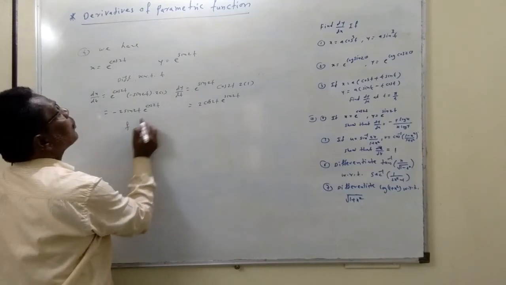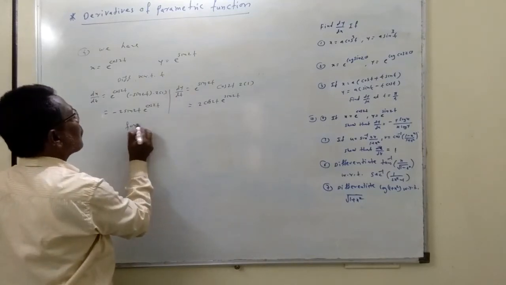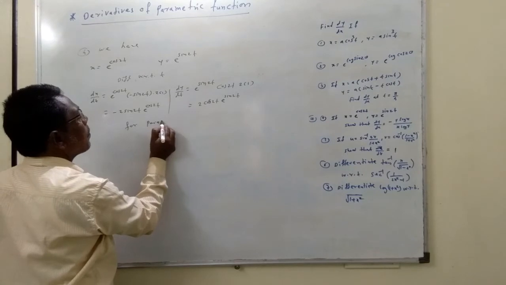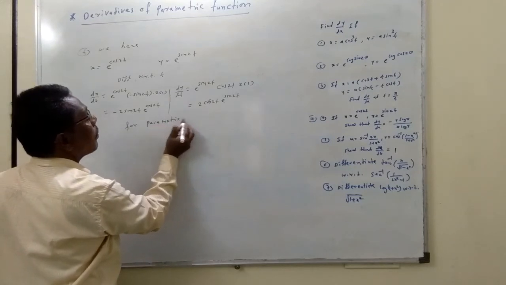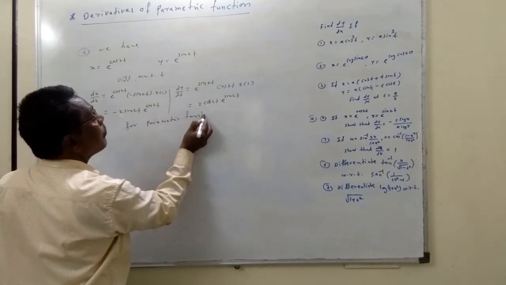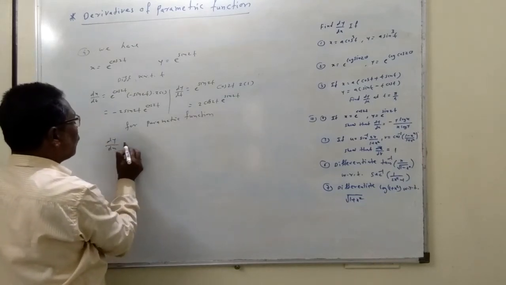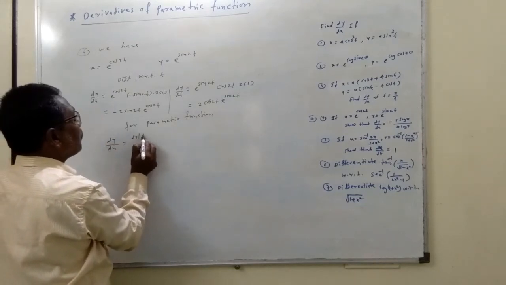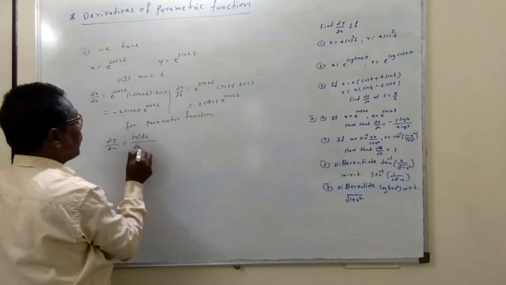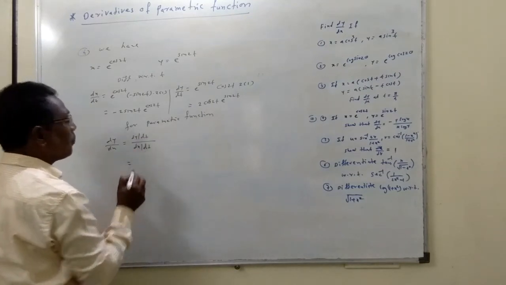For a parametric function, dy by dx is equal to dy by dt divided by dx by dt.